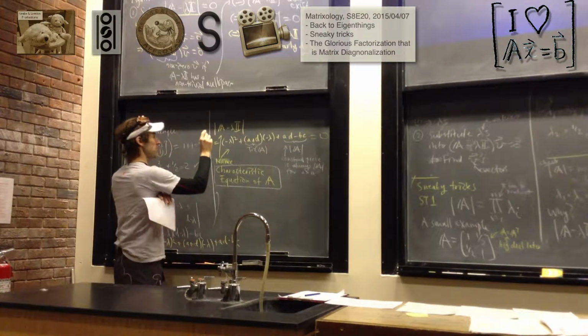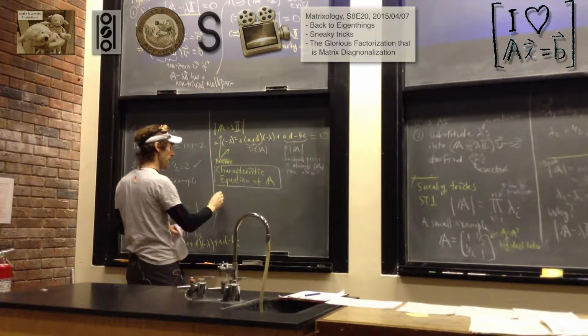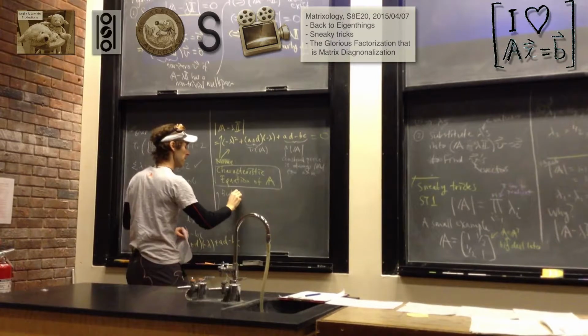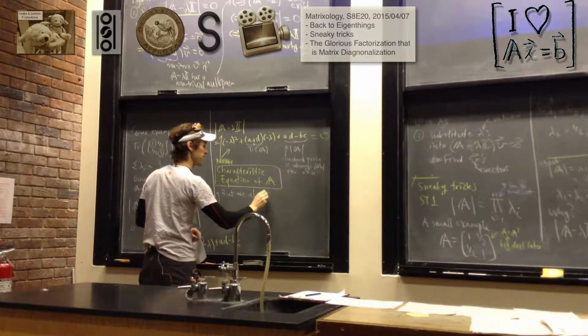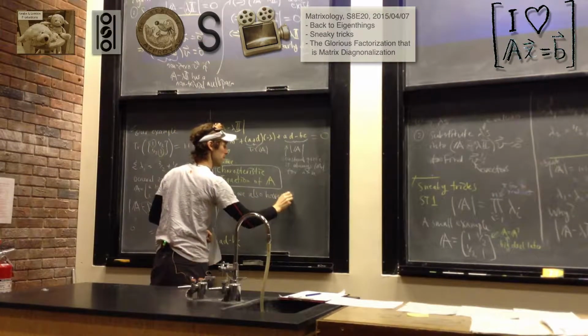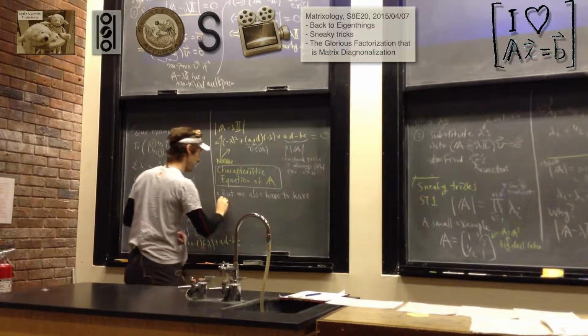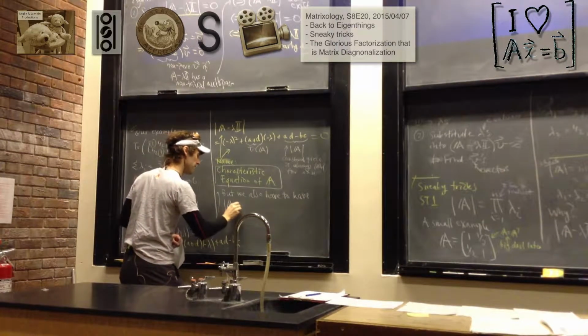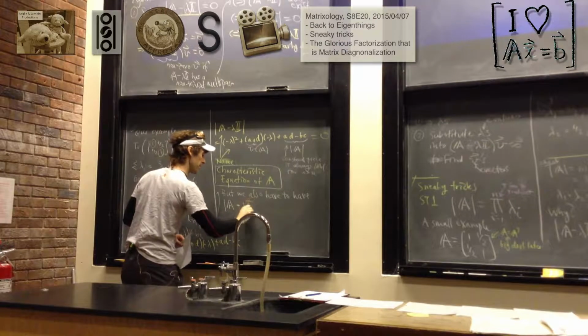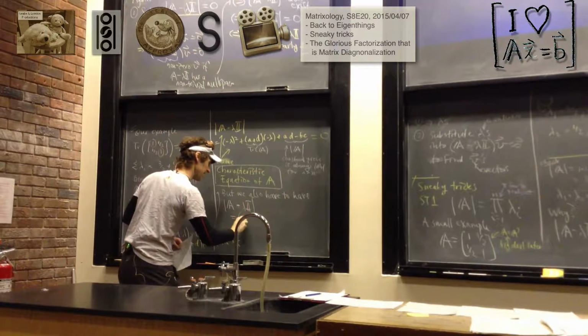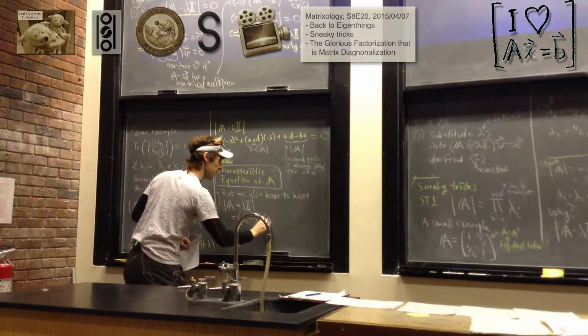So this is one way to do this, but we also know we're solving this thing, we have to have A minus lambda I. What's going on? A minus lambda I equals lambda 1 minus lambda, lambda 2 minus lambda.